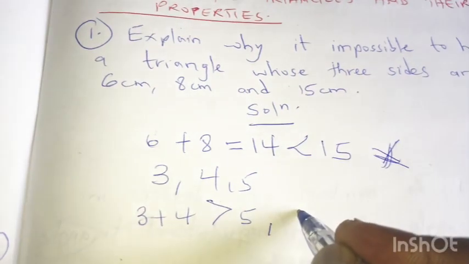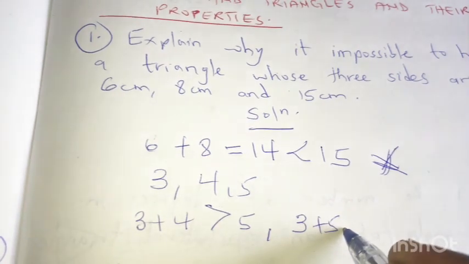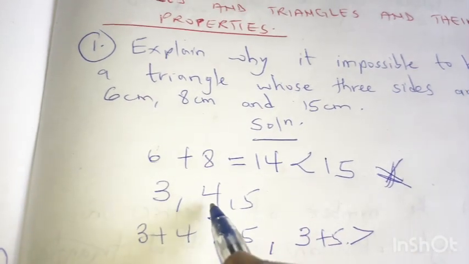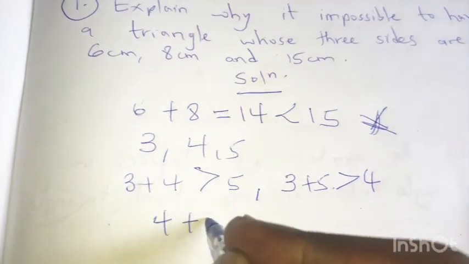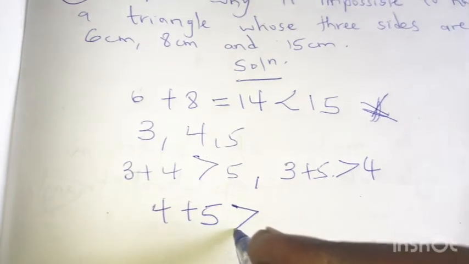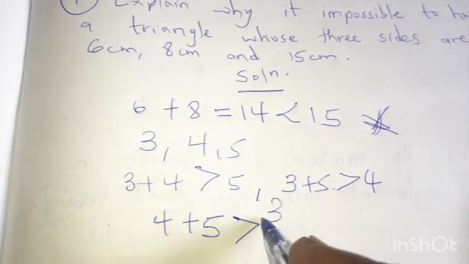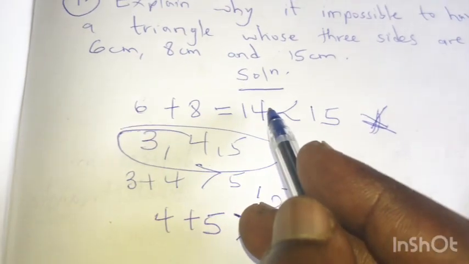Let's take another. 3 plus 5 is 8 and it is greater than the other side 4. And 4 plus 5 is 9 and it's greater than the other side, which is 3. So this one can form a triangle, but the first one no.